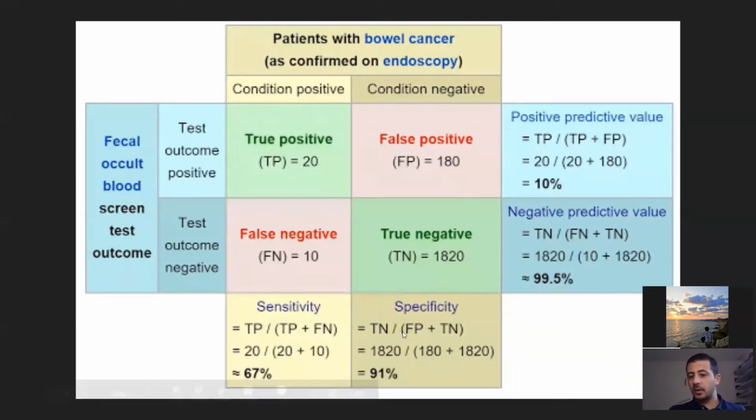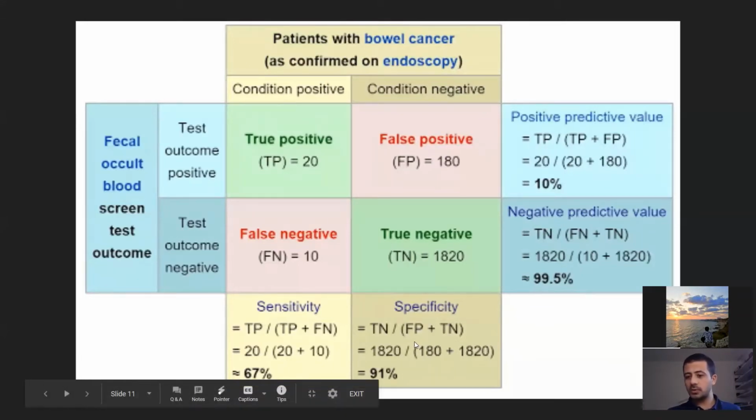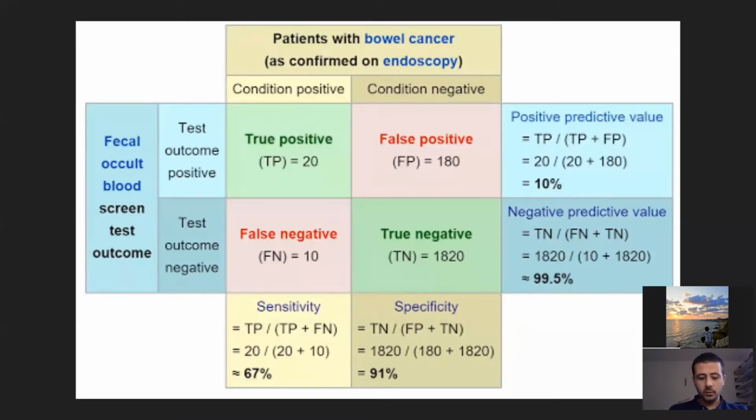I don't care about those who are false positive. Okay, give me 100 people who are false positive, who I consider positive while they are not, but what I care about is those who are false negative, those who are going around the streets spreading the infection.